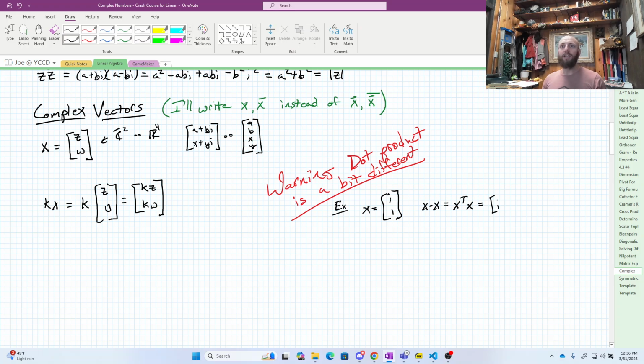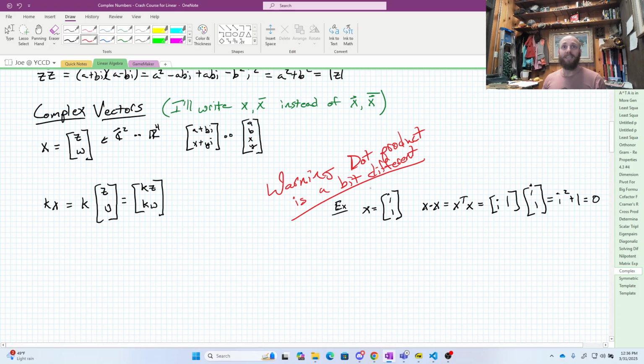If that were the case, I'd get i, 1 times i and 1. I'd pick this vector up, turn it sideways and drop it onto that vector. I'd get i squared plus 1, which would be 0. That would indicate to me that this vector is perpendicular to itself. And that's kind of messed up, frankly.